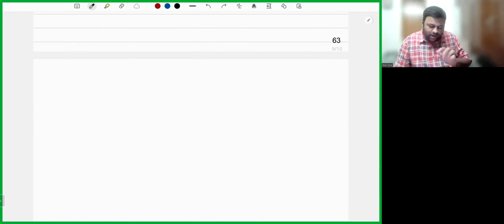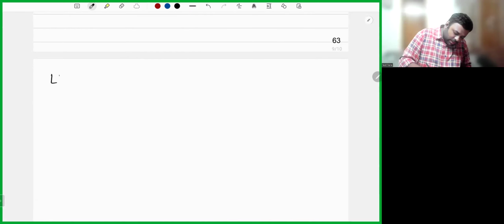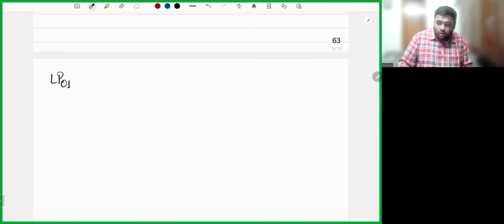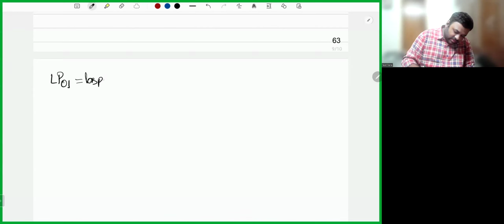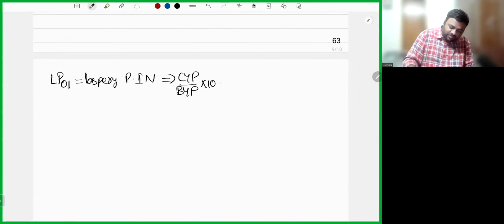You know, in real life, how will they write? They'll write LP01. Now, what do you mean by LP01? LP01 means Laspeyres price index number, which is current year price divided by base year price into 100. They'll write LP10. What do you mean by LP10 in real life?